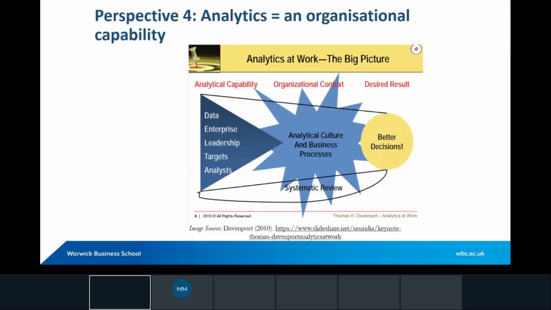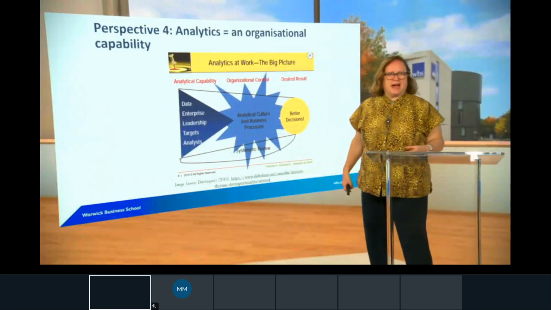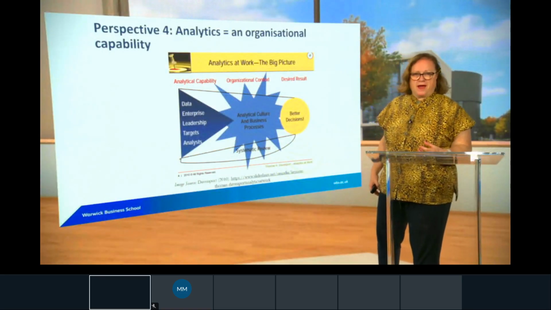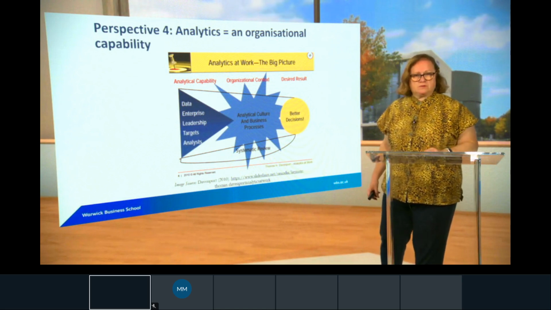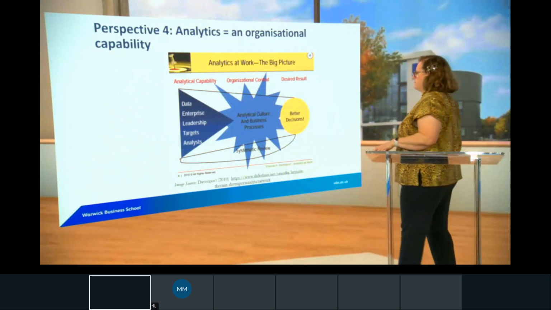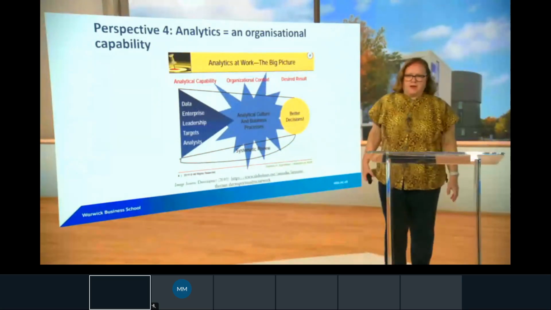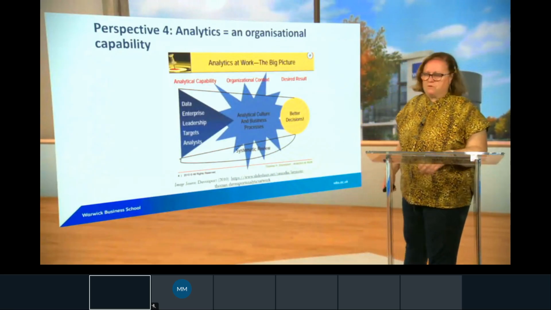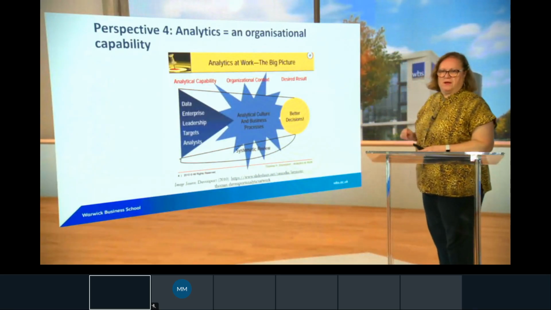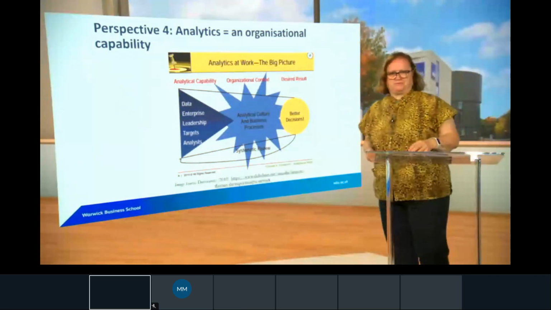So, pulling it all together, what Davenport is essentially saying is that if you want to get to your desired results, in other words, better decision making, you need to understand the organization's analytical capability. And you can describe that, assess that, evaluate that using the Delta Plus framework, which I'll explain in a minute. And that will help you to appreciate the culture and perhaps the business processes that are involved, and that will get you better decision making.